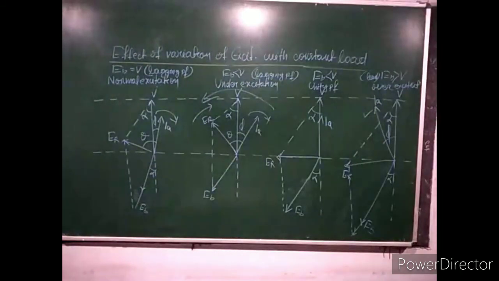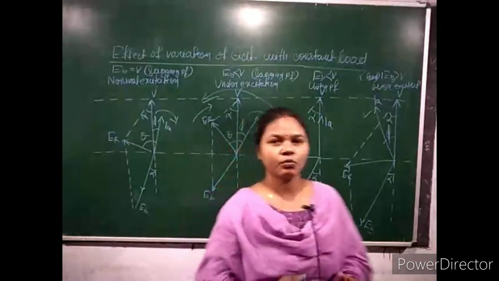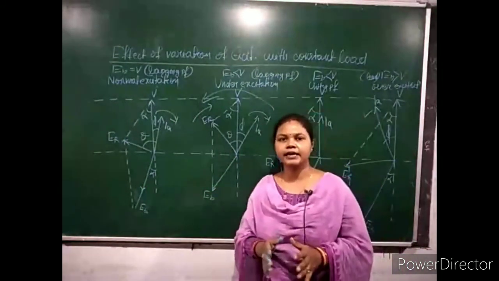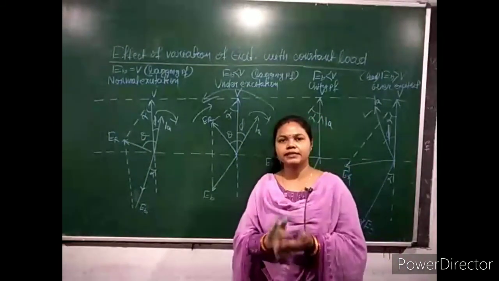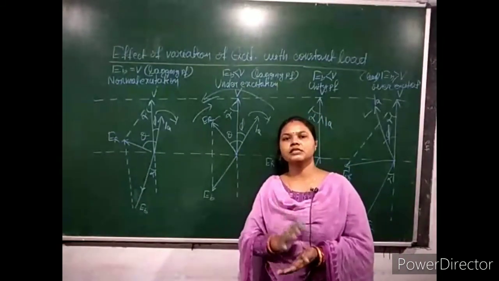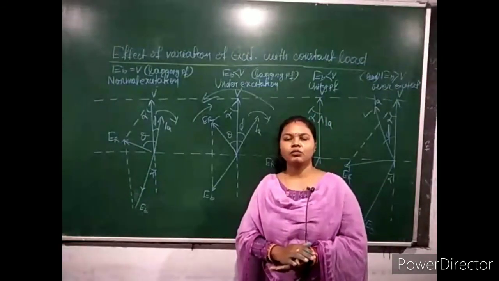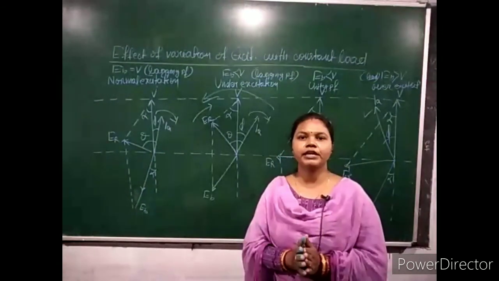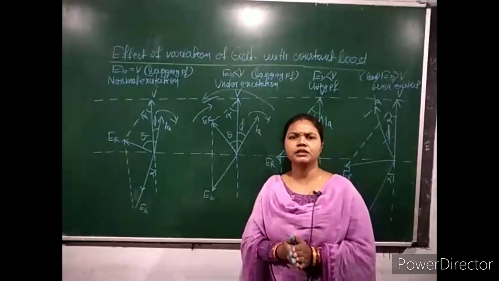So students, in this discussion you have learned the phasor diagram of a synchronous motor and how it is different from the alternator. What is the concept of load angle or torque angle? What is the effect of variation of load with constant excitation?